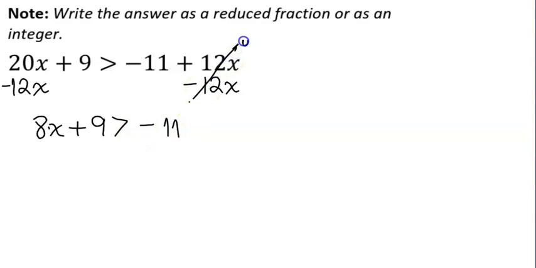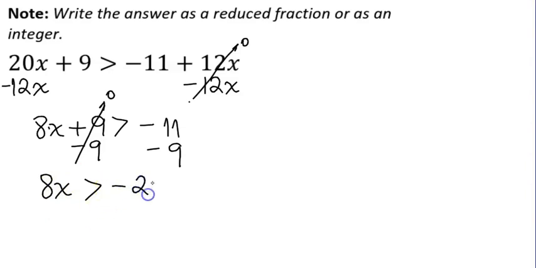Now I'm going to put the negative 9 on both sides. And this term disappeared. Now I have 8x greater than, what is this number? Negative 20, right? Two negatives adding together, I keep the sign and add the numbers.